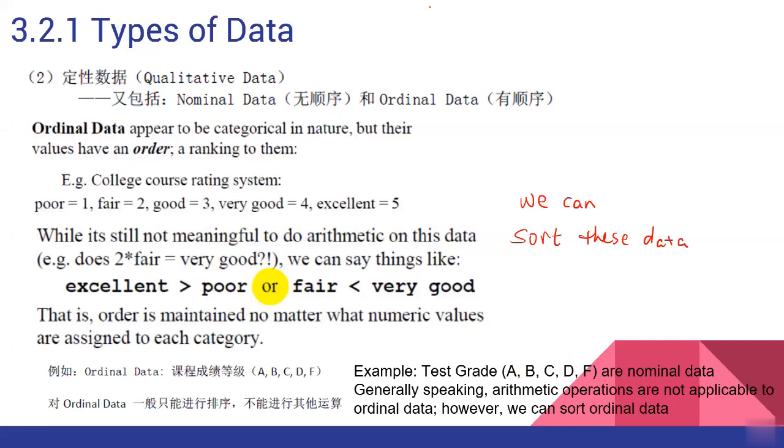Okay. In summary, types of data. How many types are there? Okay, generally speaking, there are two types, right? The first type is called quantitative data or interval data, right?